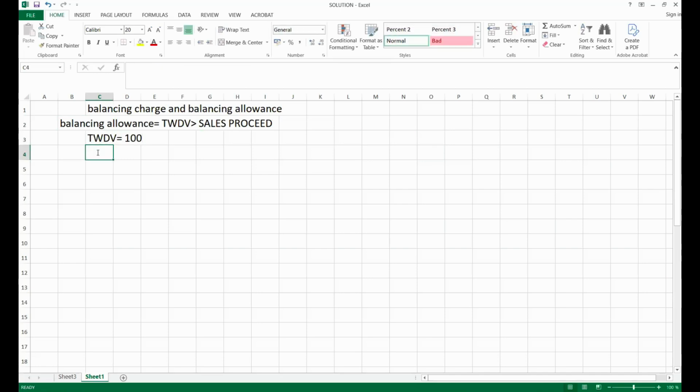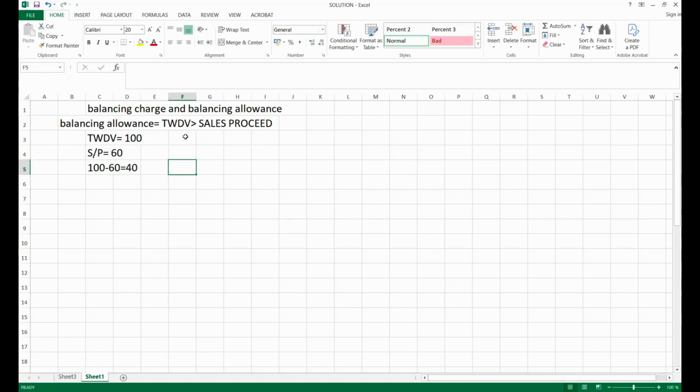By the time you want to sell that asset, you sold it for 60 naira. So you can see that you have not yet benefited from all your allowances. The difference, 100 naira minus 60 naira, that 40 naira is what is called balancing allowance.